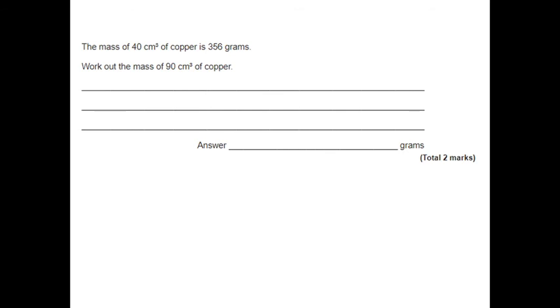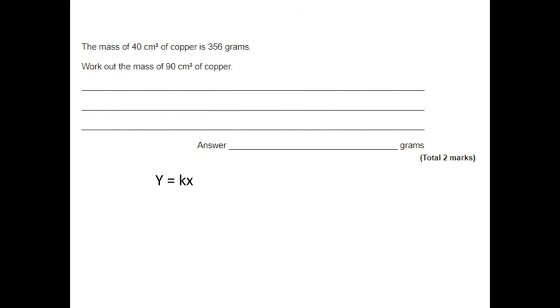So the mass of 40 centimeters cubed of copper is 356 grams. Work out the mass of 90 centimeters cubed of copper. Actually wants us to use direct proportion to work this out. So again, we start off by writing the formula and then substitute in what you know.